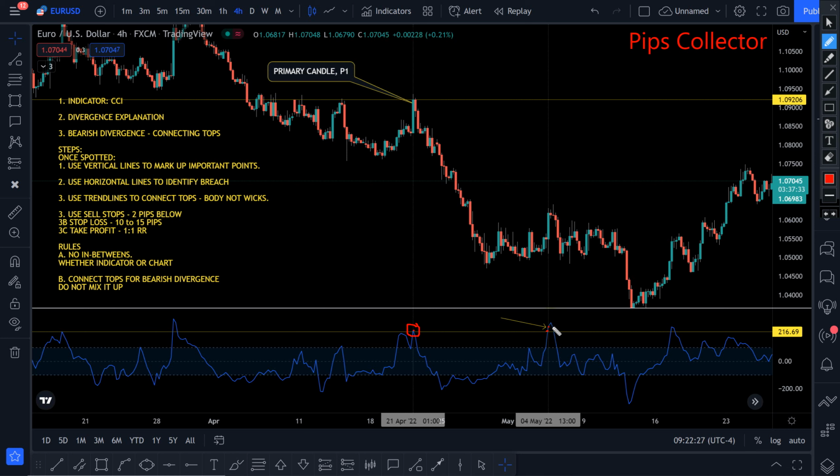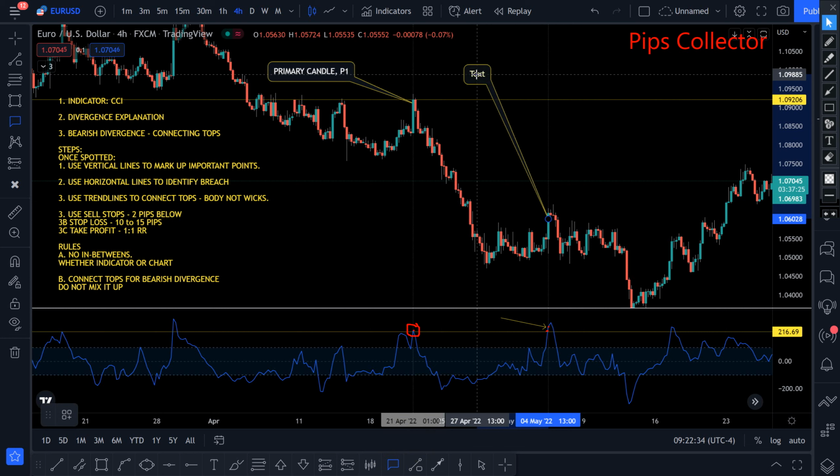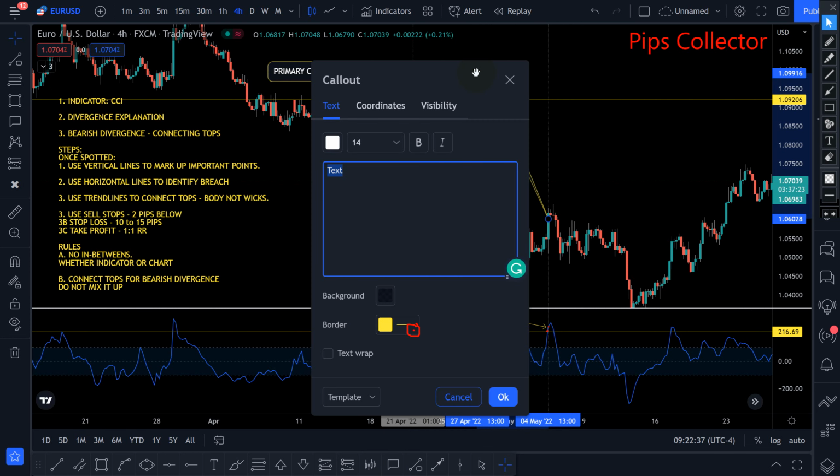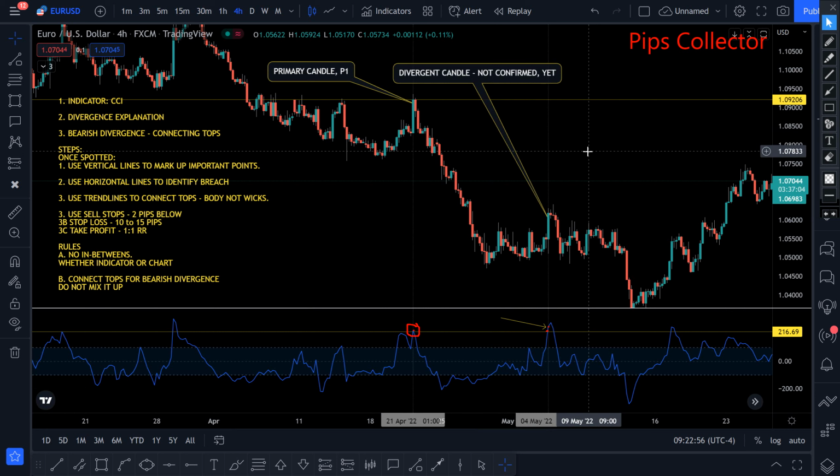So at this point now, what you're going to do is this bullish candle, or green candle, or whatever color you're using to represent upward movement, will be referred to as your divergent candle, not confirmed yet. It's not confirmed yet because you don't know if price will keep pushing upwards.